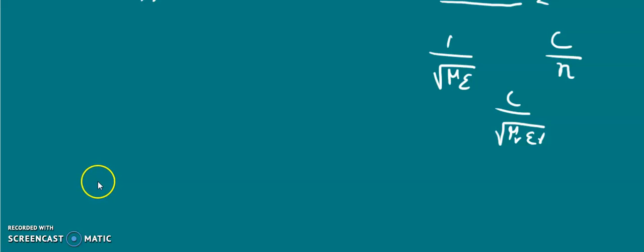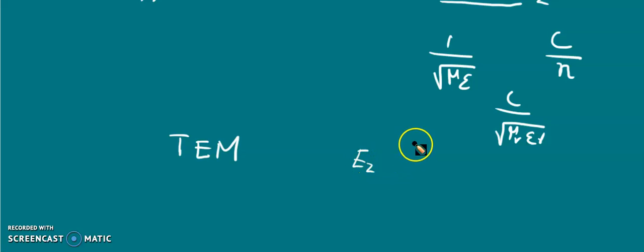And we have already seen that in a lossless transmission line, the TEM wave can propagate without any longitudinal components. So if the transmission line is lossy, it has got a longitudinal EZ component which is very small, and we found that this EZ is proportional to frequency.